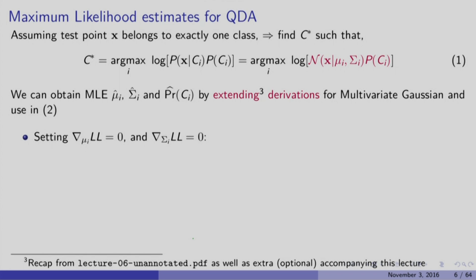What about maximum likelihood estimates for quadratic discriminant analysis? Well, we should be able to quickly build upon parameter estimation for a single Gaussian.